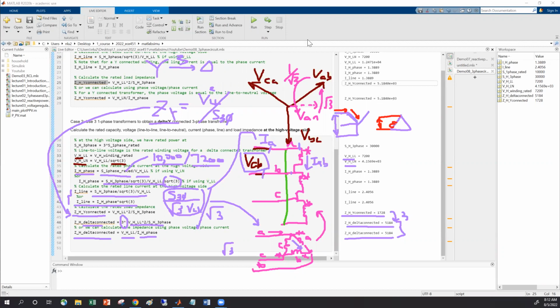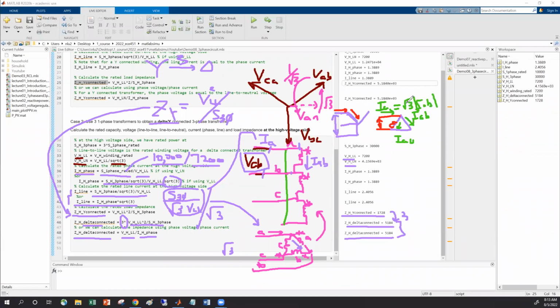However, the current is different in this case. This is your line current. It flows into it, and then it flows in 2 directions. So this is IAB, and this is IAC, right? So in this case, your IA actually equals square root of 3 times IAB. So this is the magnitude.